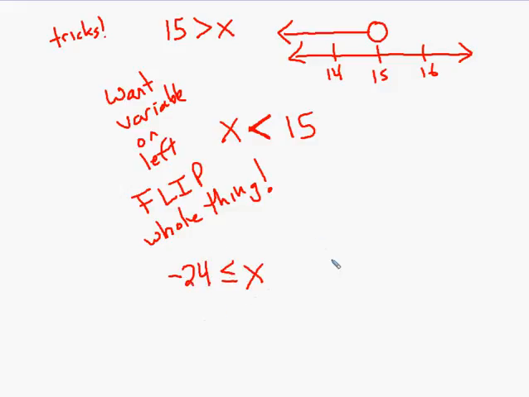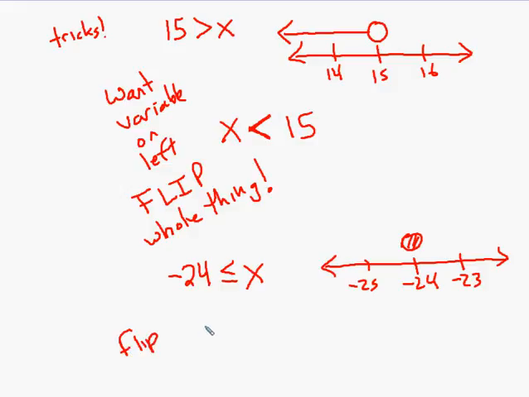So this one, I have my negative 24, so I go ahead and draw my negative 24. What's to the right of negative 24? Negative 23. And to the left? Negative 25. Okay, open or closed circle? Closed. Yeah. Closed circle, and I need to flip this around. So I flip, x on the left, negative 24 on the right.